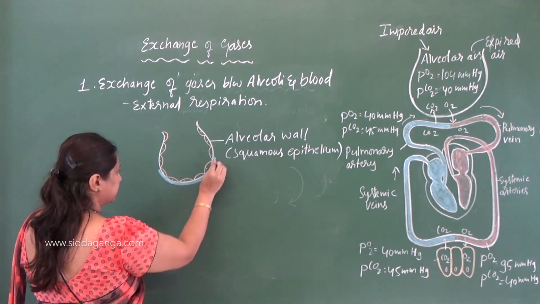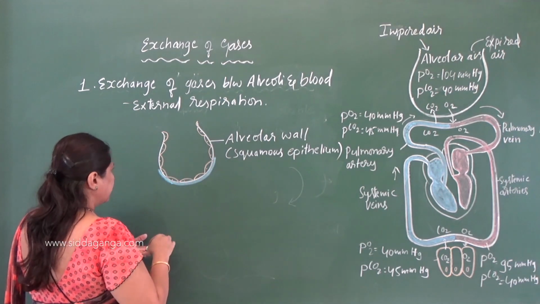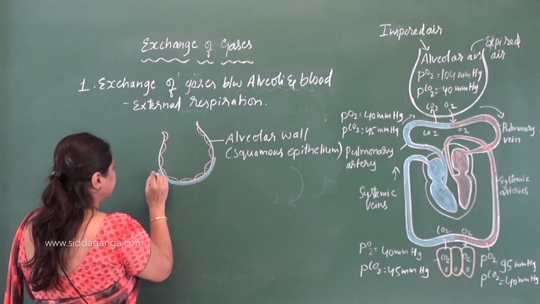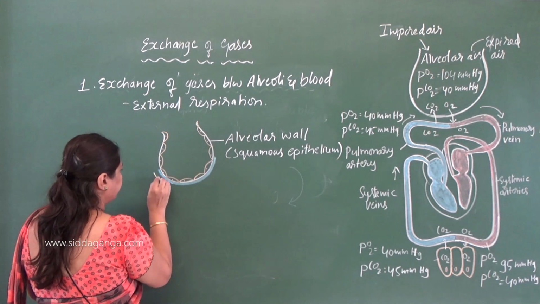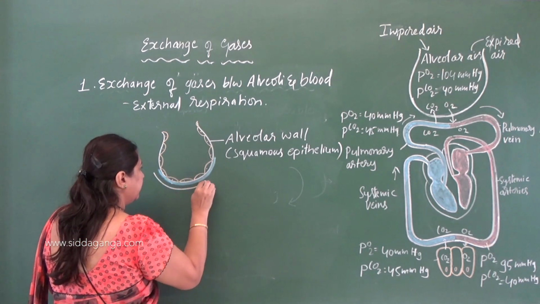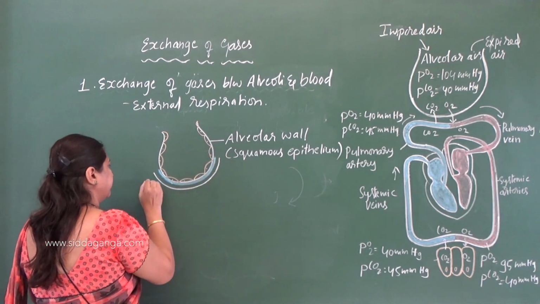Underlying this is the basement membrane, and surrounding the alveolus is a blood capillary. Here comes the blood capillary.